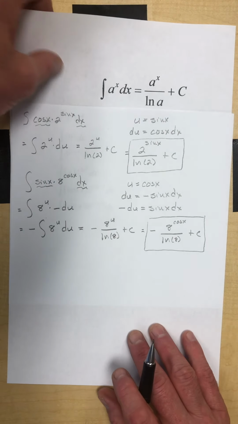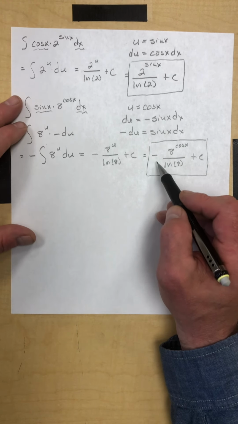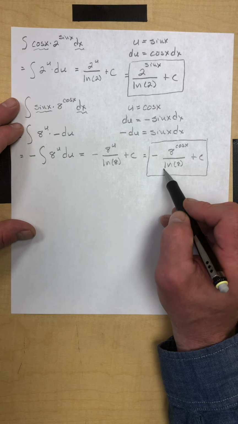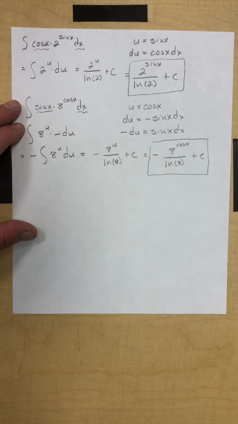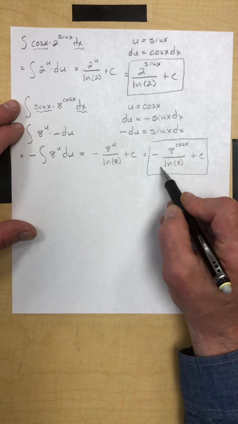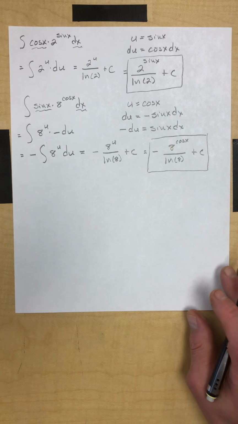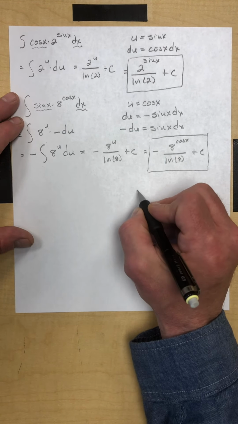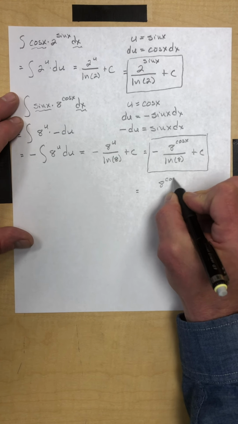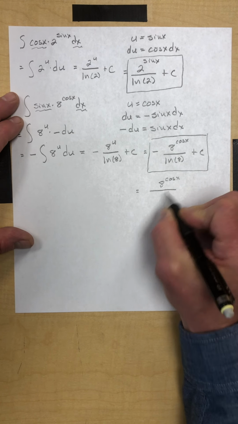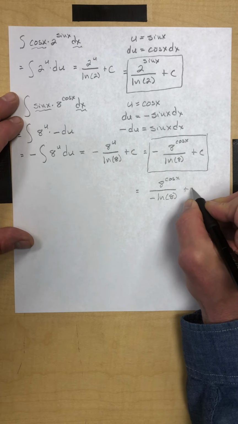Is there anything else I can do? Well, I'm thinking, what if I take this negative sign and put it down in the denominator? And so it acts like a coefficient of the natural log of 8. And then I know I can use the coefficient and put it back in exponent form and see if there's something I can do there. Okay, so this would be 8 to the power of cosine of x all over the opposite of the natural log of 8 plus c.